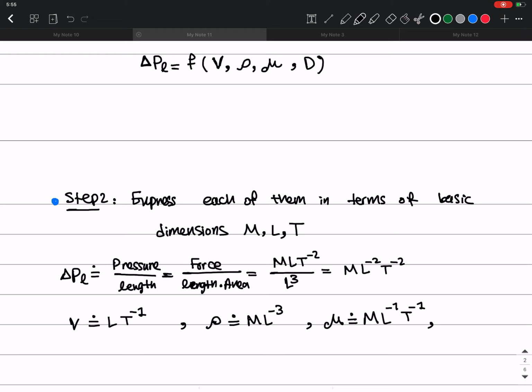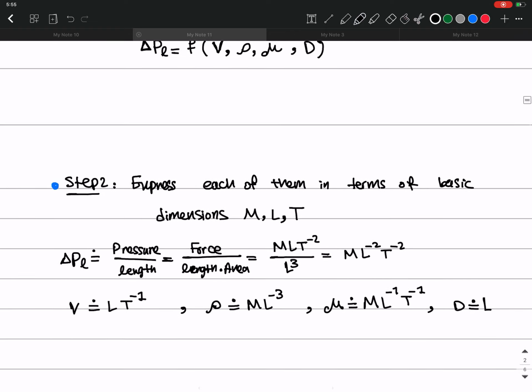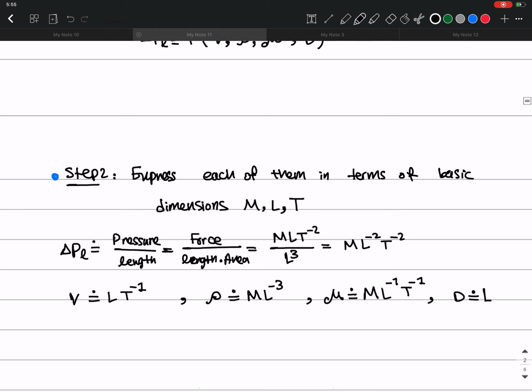And the basic dimension of diameter is what? It is length. Okay? So we have already covered them in the first few lectures. I just rewrite them again, and if you have problems, you can go and see in that lecture how we can write any parameter in terms of basic dimensions.